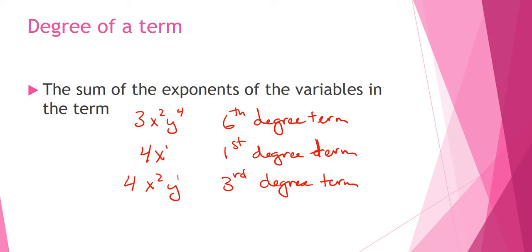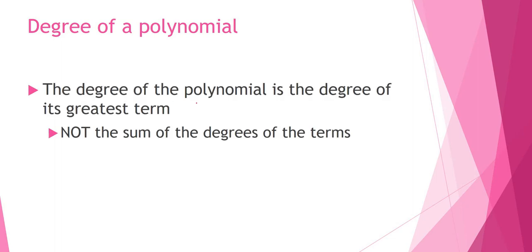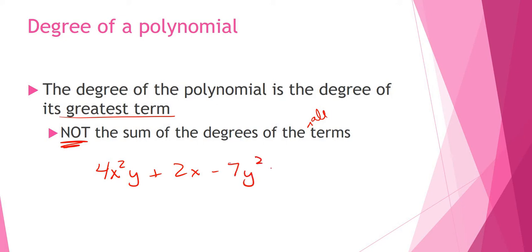So that's the degree of terms. What about the degree of the entire polynomial? The degree of the polynomial is the degree of its greatest term, not the sum of the degrees of all the terms together. So, polynomial, 4x squared y plus 2x minus 7y squared plus 4.